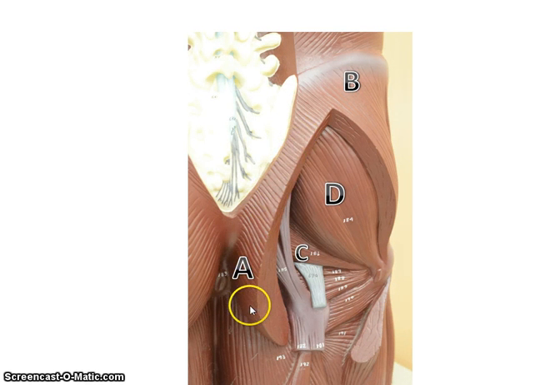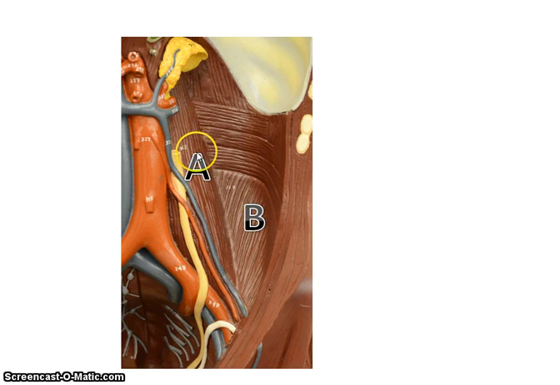Gluteus maximus, cut away, gluteus medius by the iliac crest, gluteus minimus, deep, piriformis, also deep. The psoas major, the iliacus, and together they make up the iliopsoas.